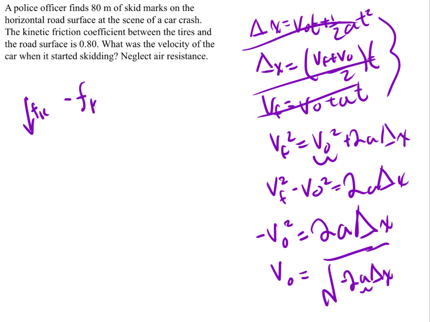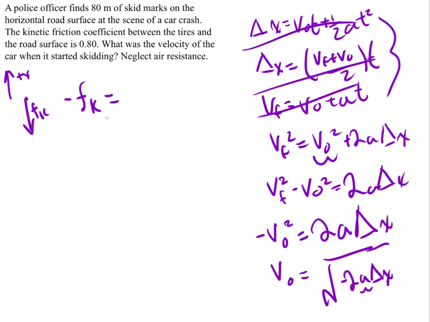And since it's acting opposite, the force of kinetic friction is negative, since it opposes the motion of the car. So if the direction of the car's motion is positive, then the force of friction is negative. It's acting in the opposite direction.